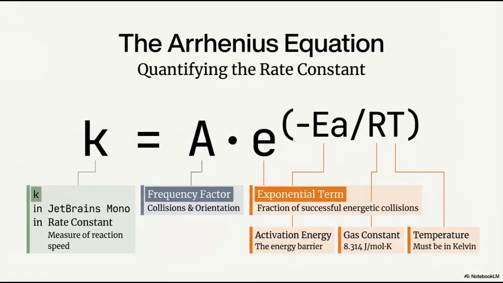Okay. So I already told you we have a way to do all this mathematically, and that is the Arrhenius equation, where you have k equals A times e to the minus Ea over RT.